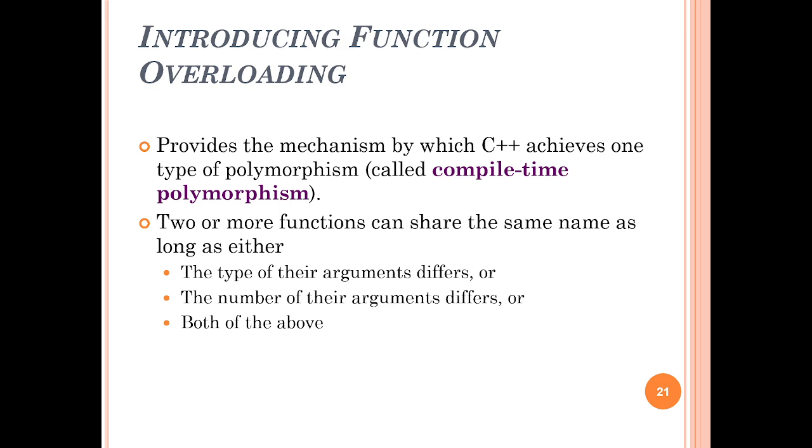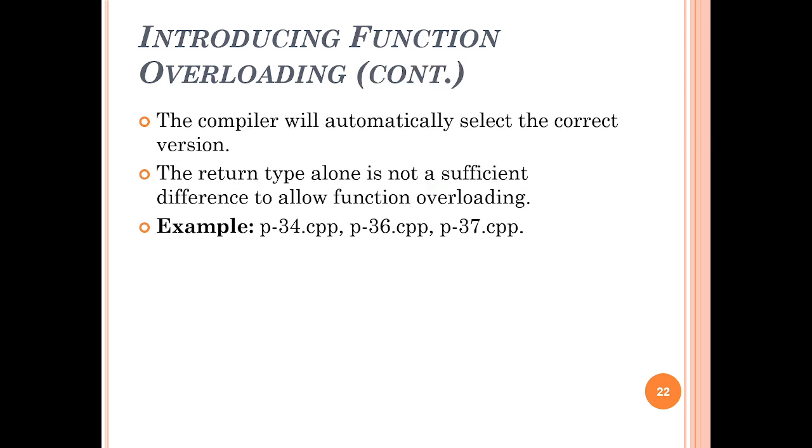In function overloading, the names of the functions are the same, and only the type or number of arguments differ, and similarly we get the return values. The compiler will automatically select the correct version of that function at compile time, and according to the arguments we pass we get the respective result.